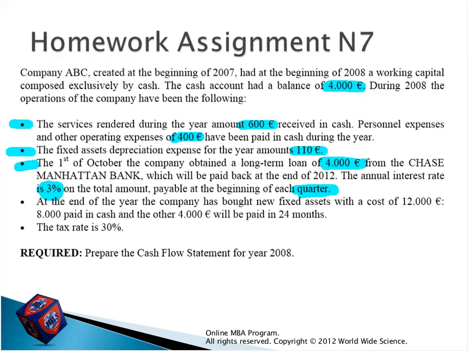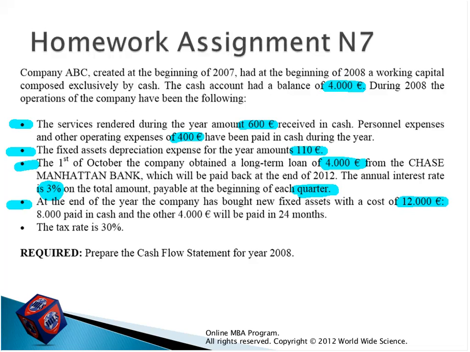Next one, at the end of the year, the company bought new fixed assets at a cost of 12,000 euro. So the company bought, that means spent money. Cash flow goes out from the company by 12,000. And if it's bought fixed assets, which are very expensive, it comes under investing cash flow, right?